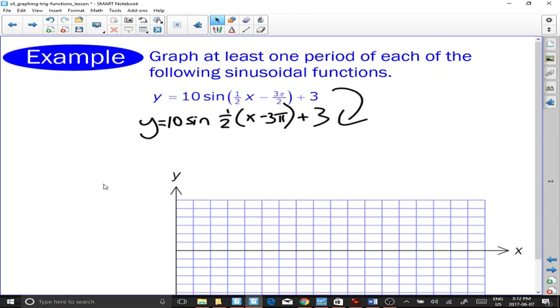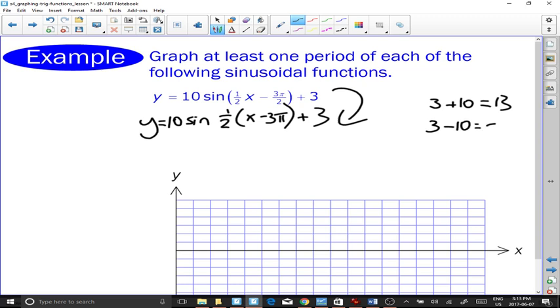What's d? 3. Okay. And what's a? So it means that 3, if we add 10, we get 13. That'll be the max. If we subtract 10, we get -7. That'll be the minimum.